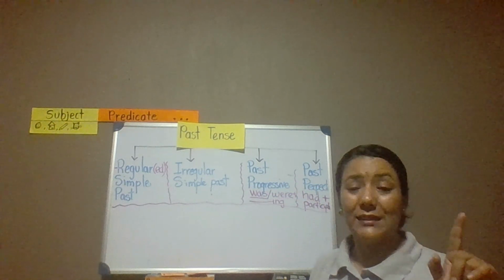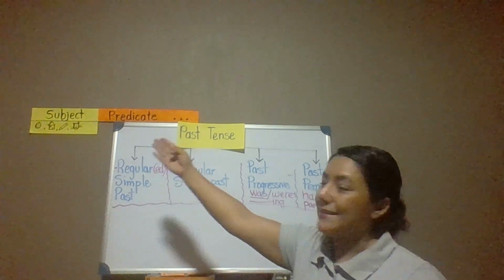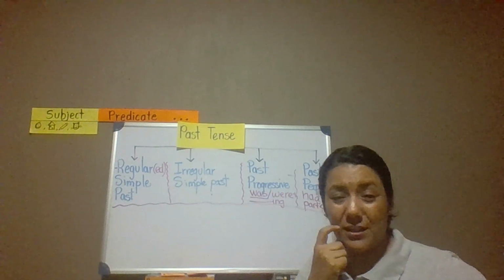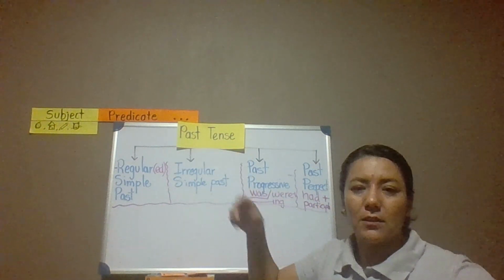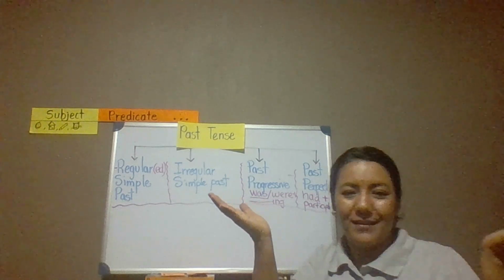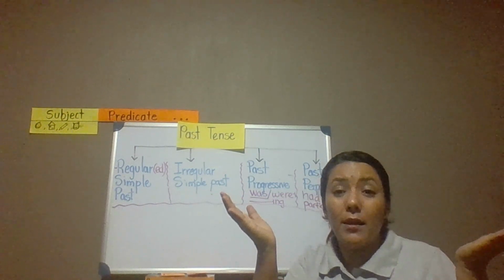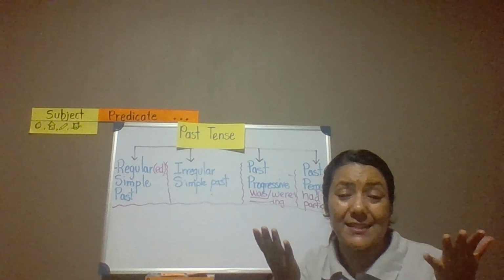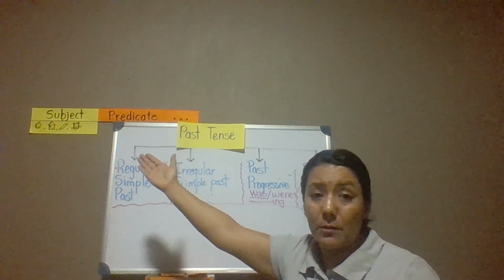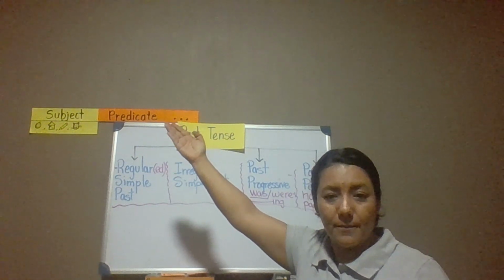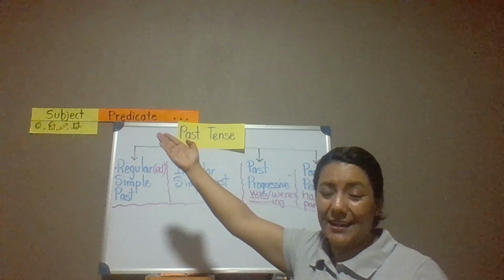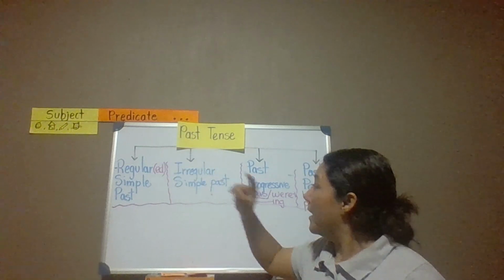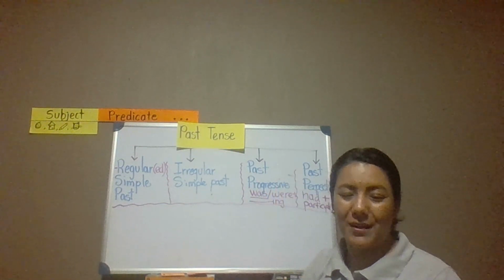Okay? One last thing. In a sentence, where can we see the tense of a sentence? In the subject or in the predicate? In the predicate. More specifically, in the verb.